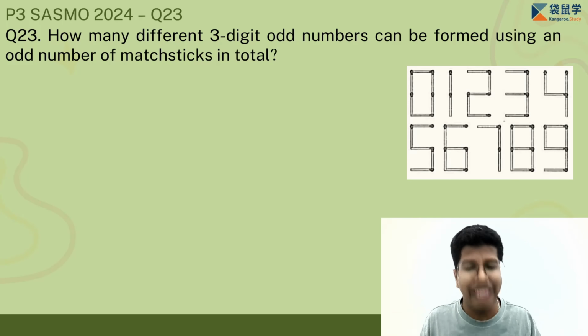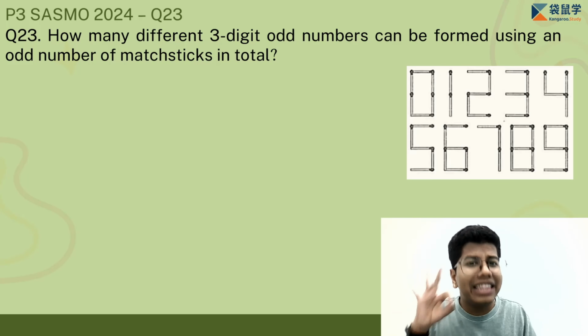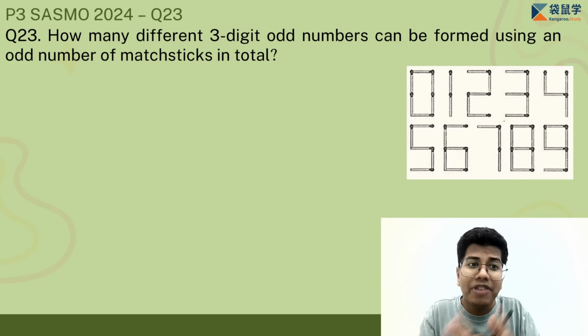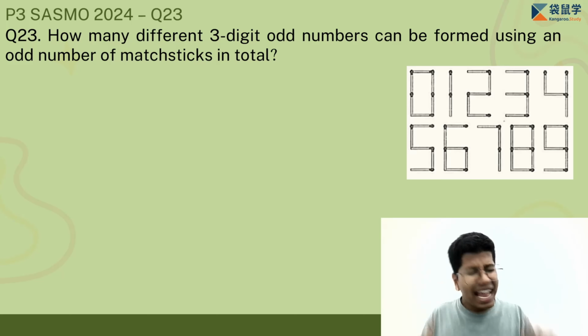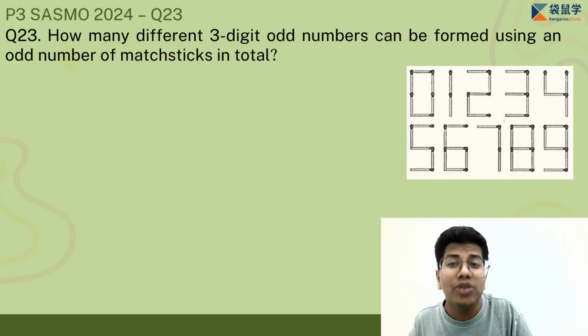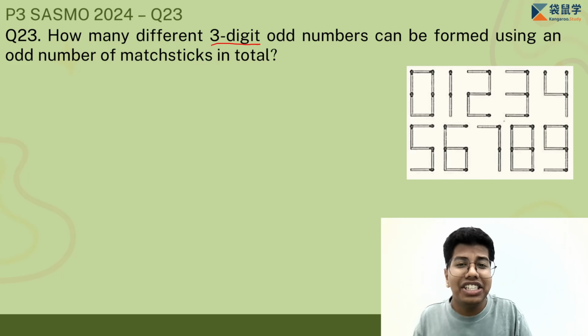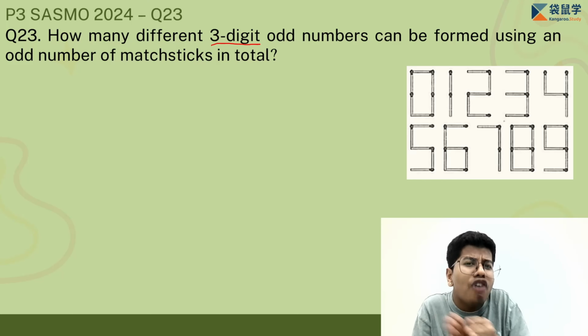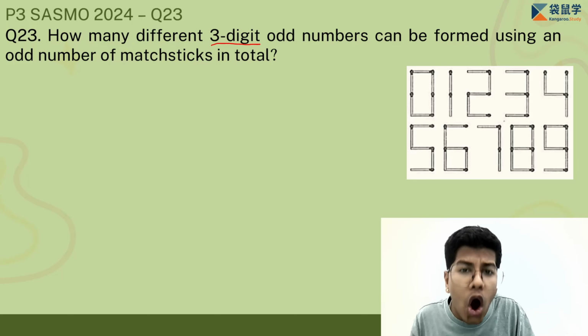So here the question says, how many different 3-digit odd numbers can be formed using an odd number of matchsticks in total? Let's try to understand the question. Here the question says we need to form a 3-digit number. The question is asking how many 3-digit odd numbers.